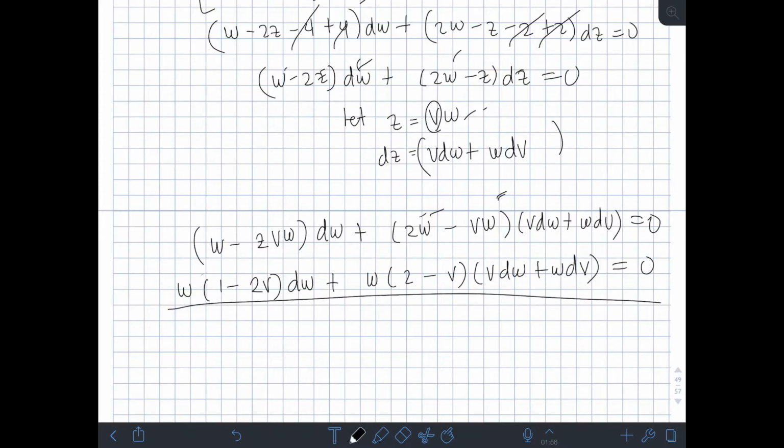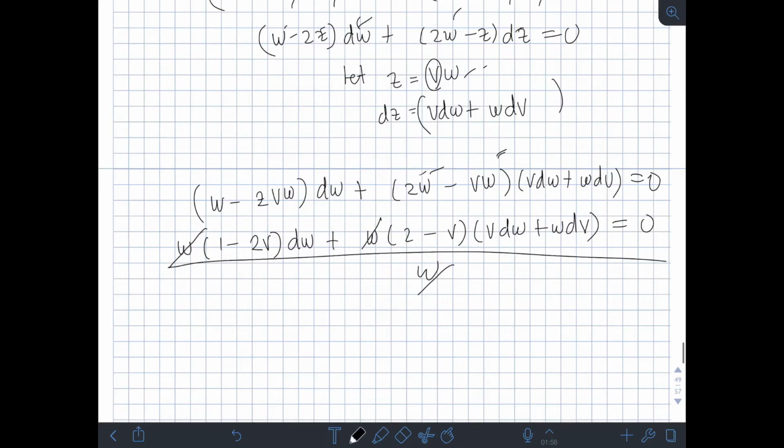So, by dividing both sides by W, pwede nating makancel si W dito. Okay, so magiging 1 minus 2V dW plus, so distribute ko na to magiging 2 minus V dW plus 2 minus V W dV equal 0.